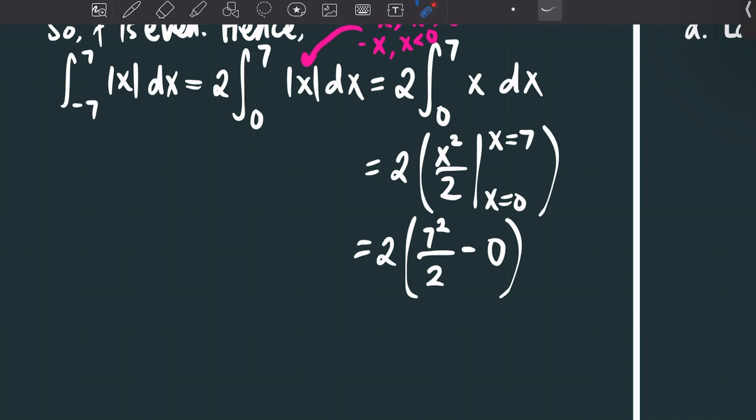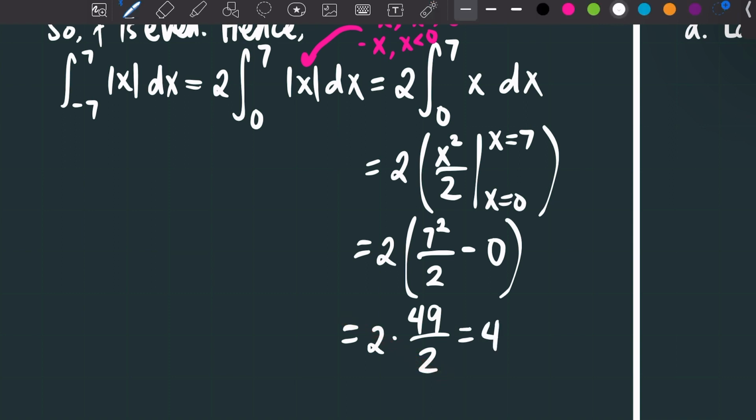So what we have is 2 times 7 squared is 49 over 2. Then, pwede na natin tong i-cancel out. We get here 49. So, yan yung integral of absolute value of x from negative 7 to 7.